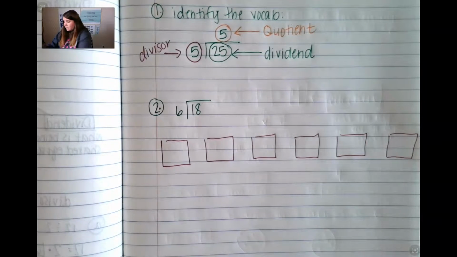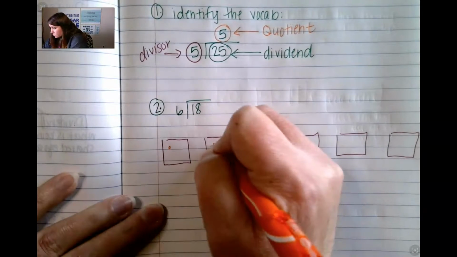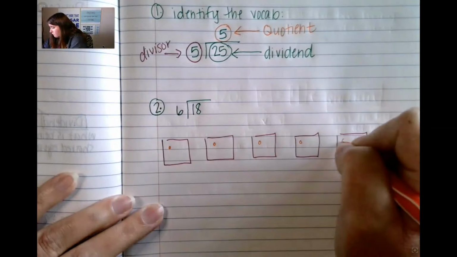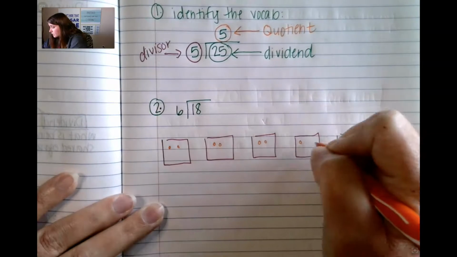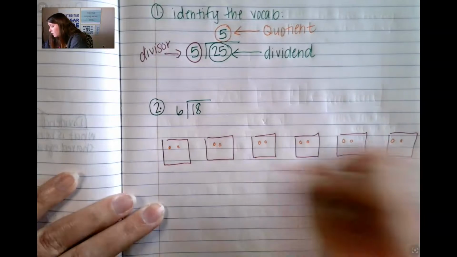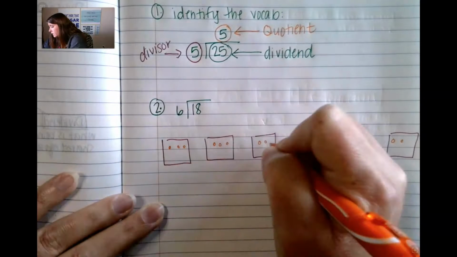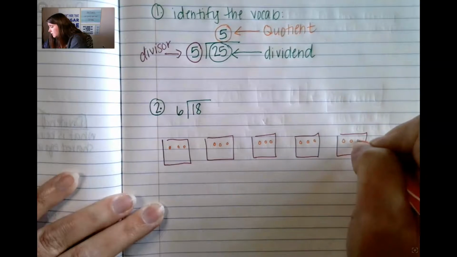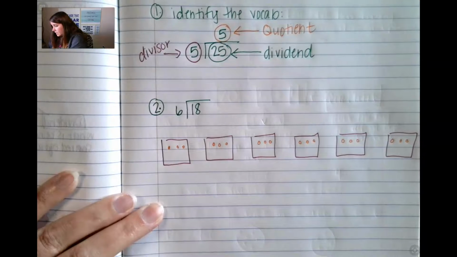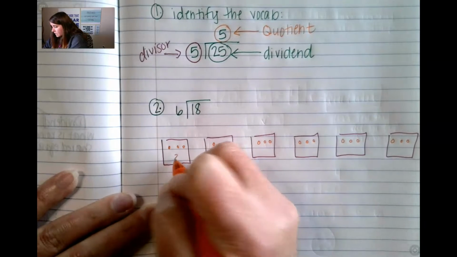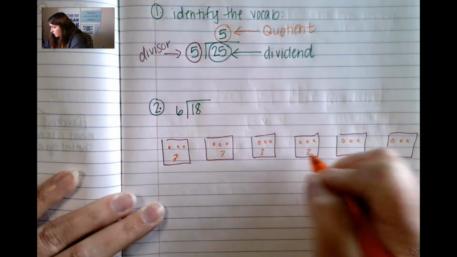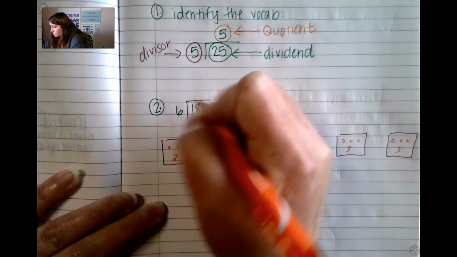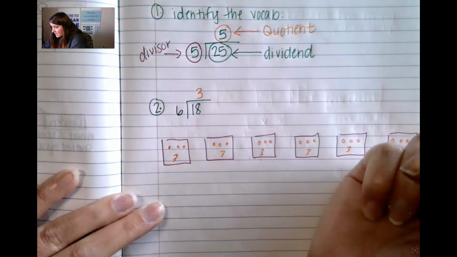And so now I'm going to put 18 into 6 equal groups. 1, 2, 3, 4, 5, 6, 7, 8, 9, 10, 11, 12, 13, 14, 15, 16, 17, 18. So I have 3. Oh my goodness, missing a letter. That means that I have 3. So my answer is 3.